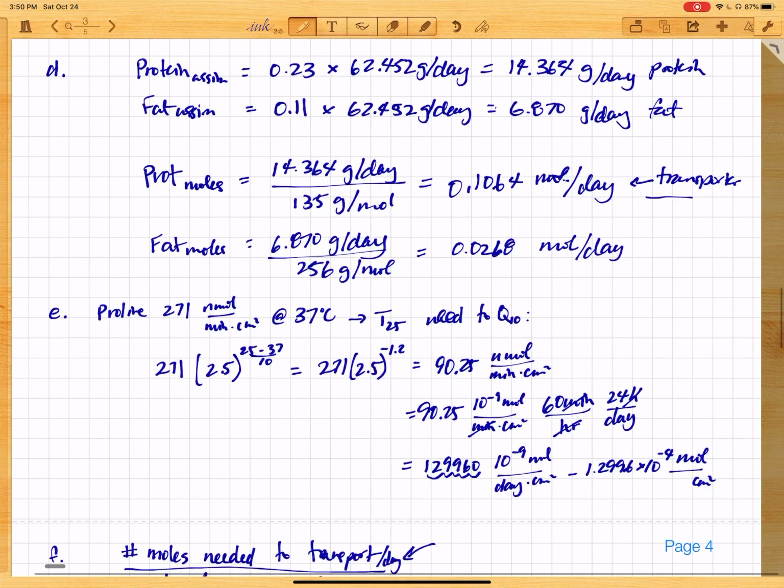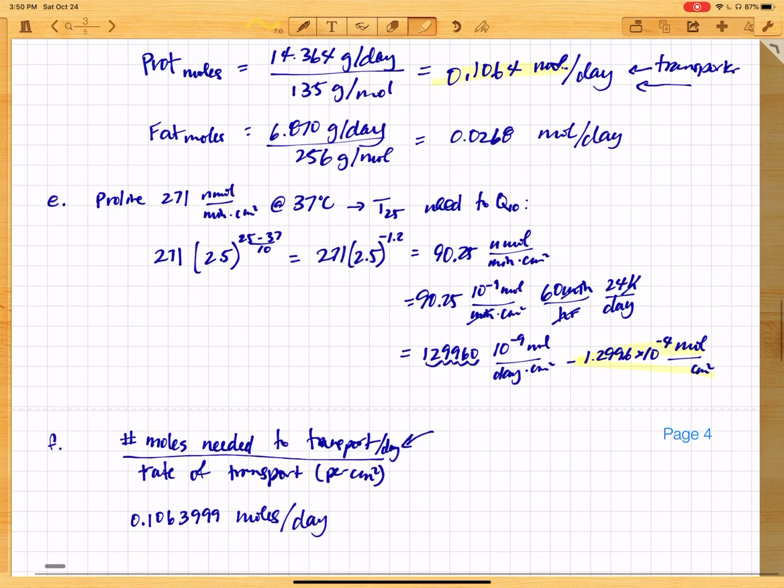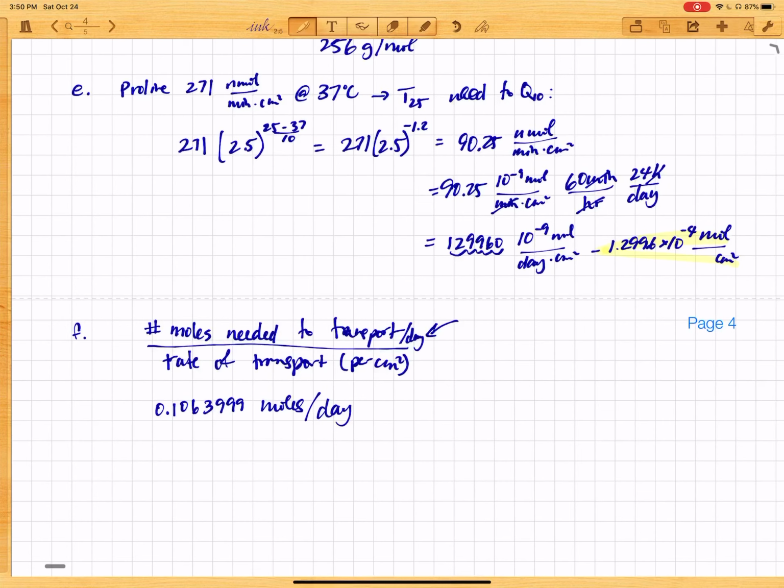This is what we need to transport, this amount, and this is the rate per day that we can transport it in. Okay, so that's the task, and this is what we need to get done per day, and this is how fast we can do it per day per square centimeter.